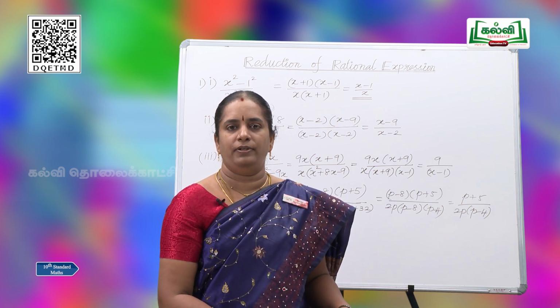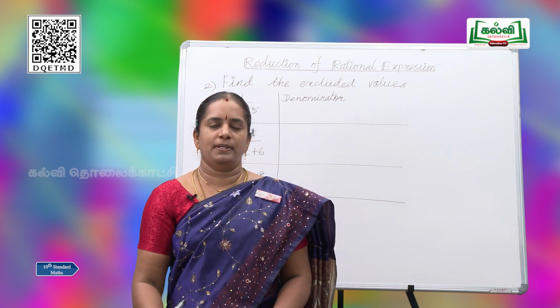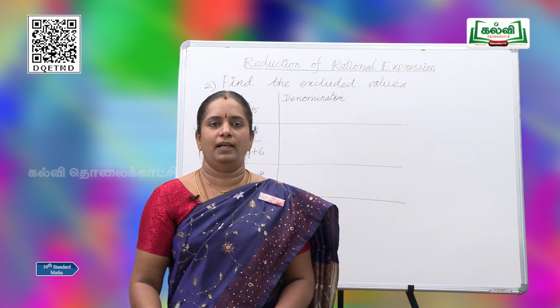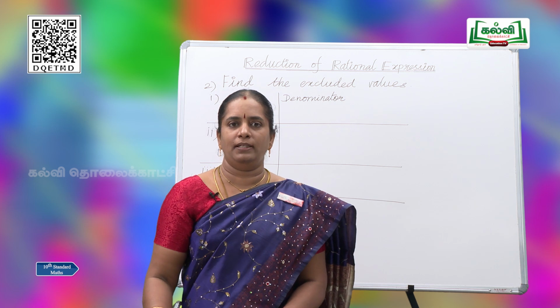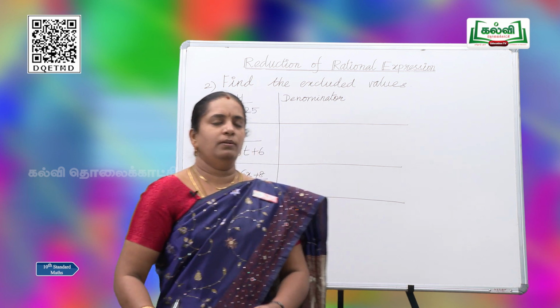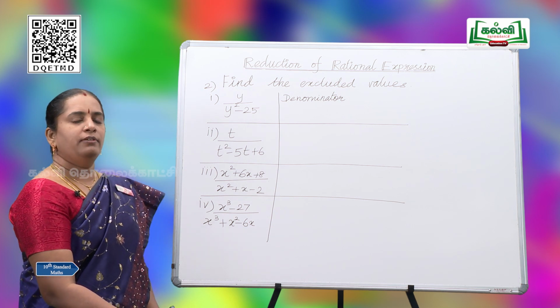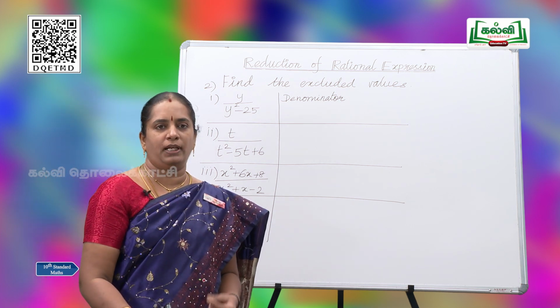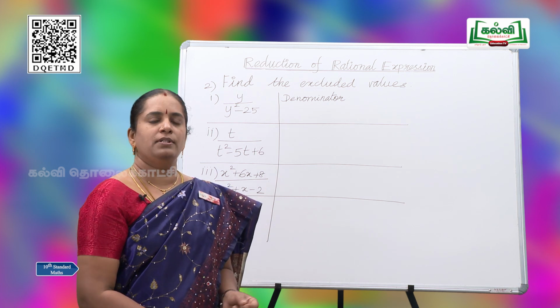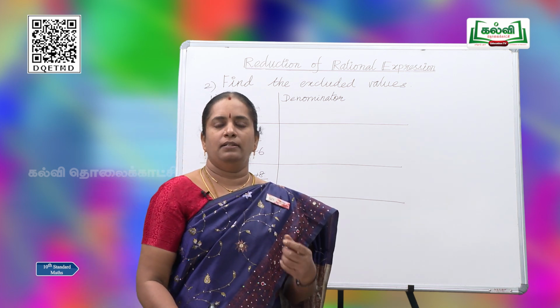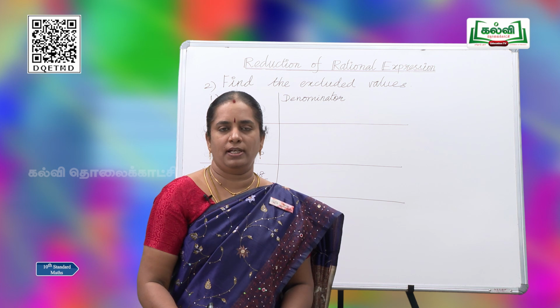Students, a rational expression will be said to be undefined if its denominator is equal to 0. So, let us consider these rational expressions and find the values for which their denominators become 0. Those values should be excluded in expressing this rational expression.